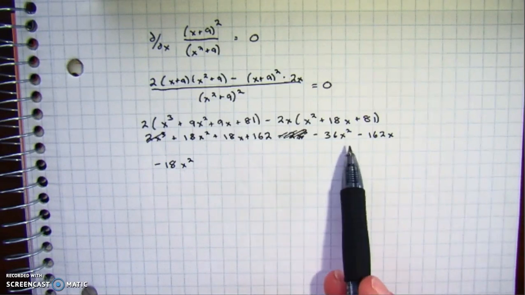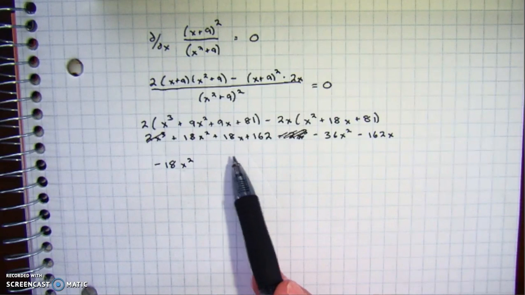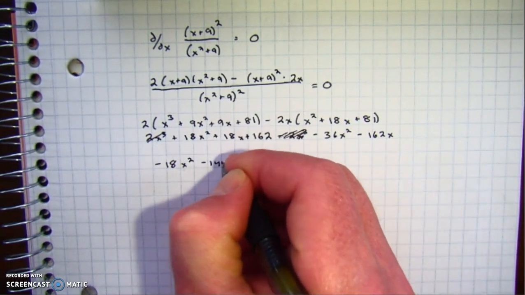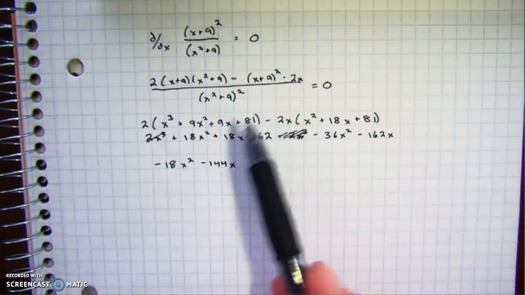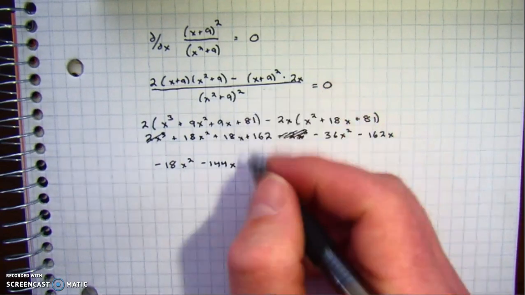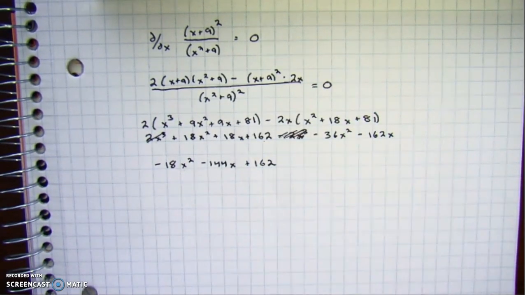I've got 18 minus 162, so that'll be what, negative 144. And then moving on down, looks like there's nothing to do with that, so 162. All right, we're getting kind of close.